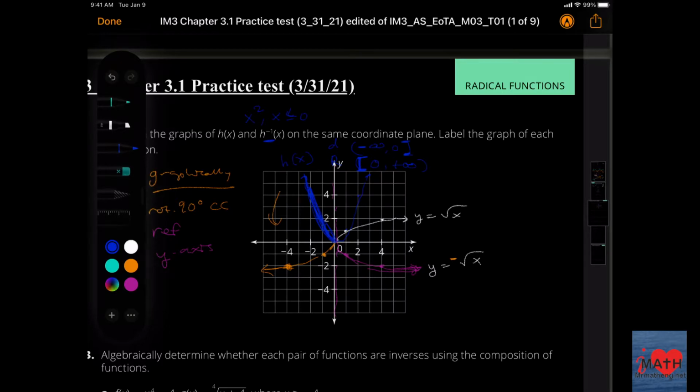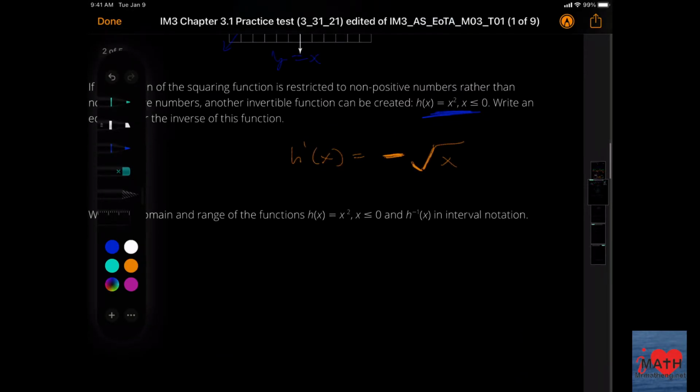Okay, so let me copy that. Oh, guess you could just put it right there. All right. Okay.